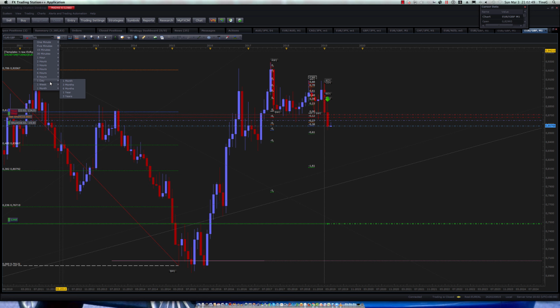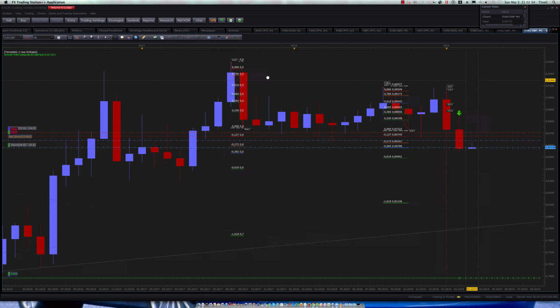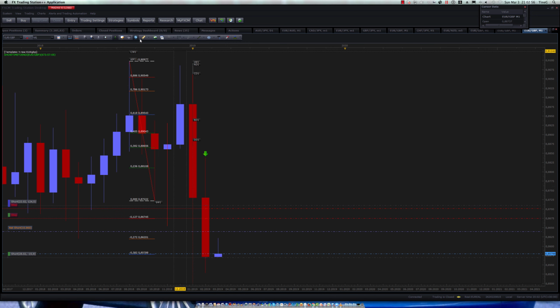I can't remember anymore. But I do know that this is where I was entering. After this candlestick formation, I was entering in this area. And if I entered up here, just hypothetically, this would have been 260 pips of profit by now.